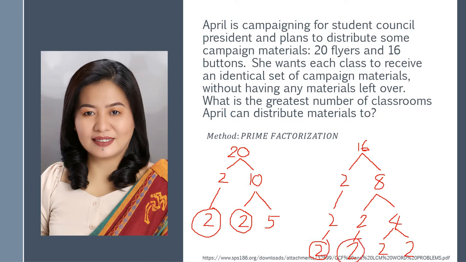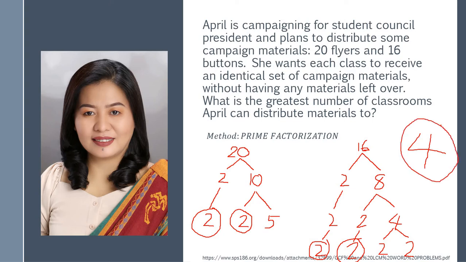That would mean that the greatest number of classrooms that April can distribute the materials to without having any leftover is 4. So our answer is 4 classrooms.